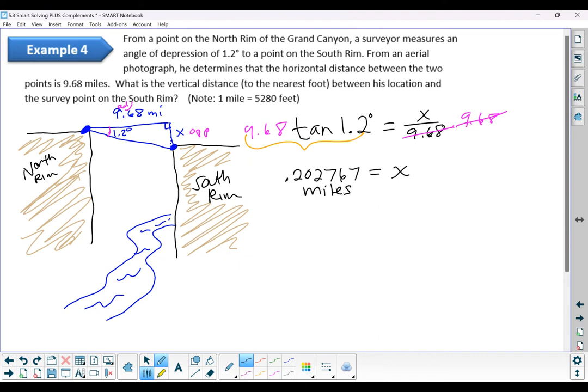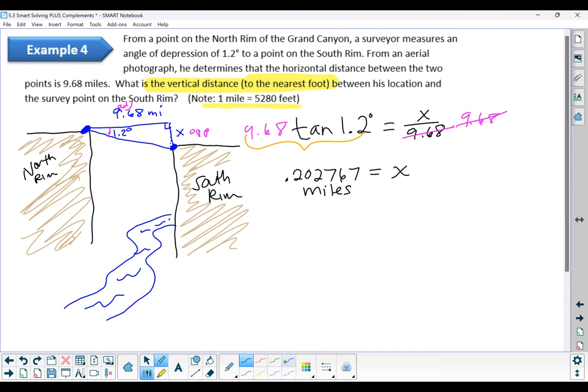It's 0.202766 miles. It does ask us for our distance. What is the vertical distance to the nearest foot? So it asks us to calculate in feet. I've got the conversion factor right here. Every 1 mile is 5,280 feet.